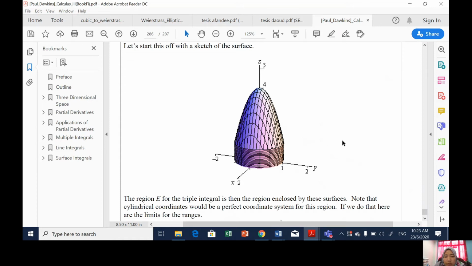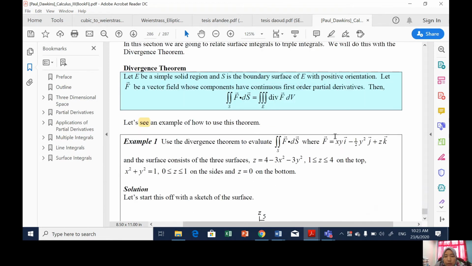When we refer to the divergence theorem, we have to convert the double integral to the triple integral. We see that this vector field F is one for which we can find the divergence. What is the meaning of the divergence for the vector F?